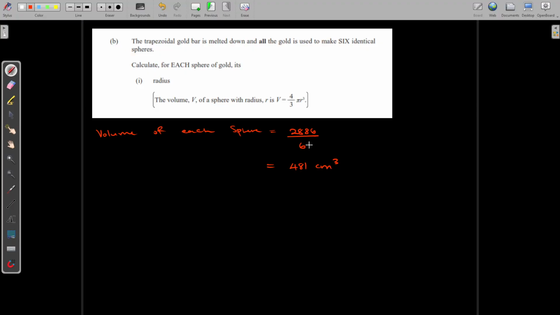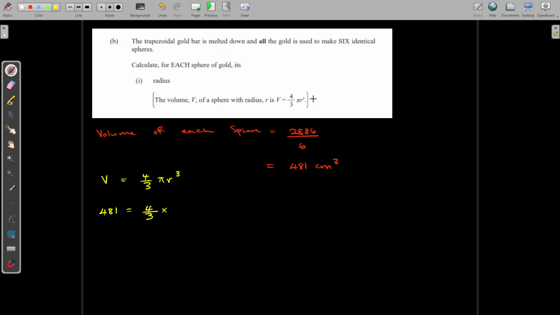But they don't want us to tell them the volume, they want the radius. So to get the radius, we have to apply the volume formula that they provided us with here. So the volume is equal to 4 over 3 pi r cubed, and we know the volume is 481, so that's 4 over 3 times pi.